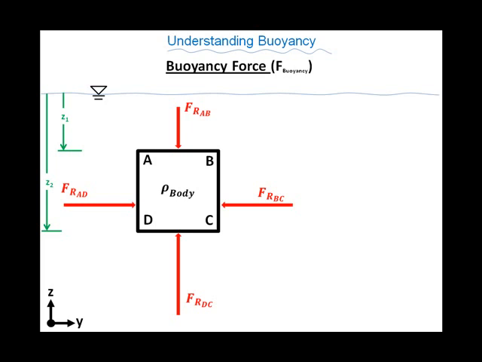If I sum the forces in the y direction, I'd find that the force acting on AD is equal and opposite to the force acting on BC. So they cancel out, and they don't have any relevancy when we're discussing buoyancy. Let's remove those just for clarity, but they do exist.